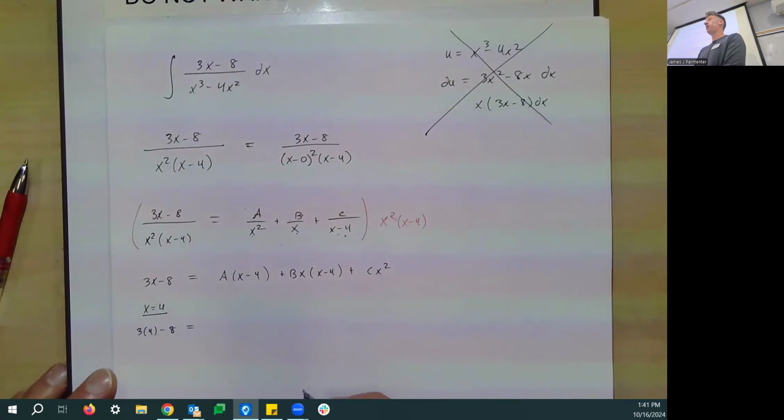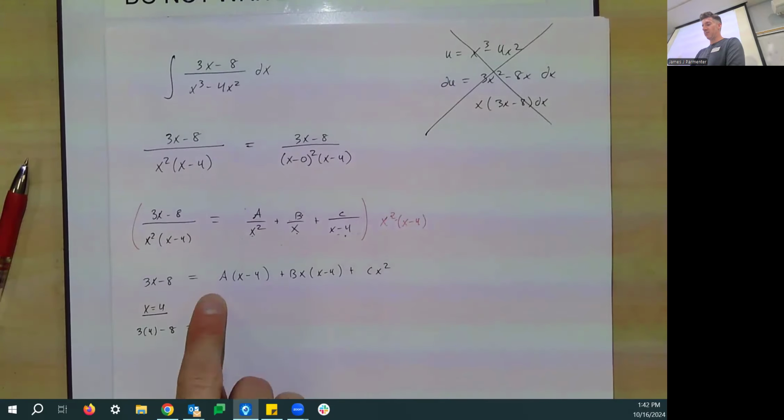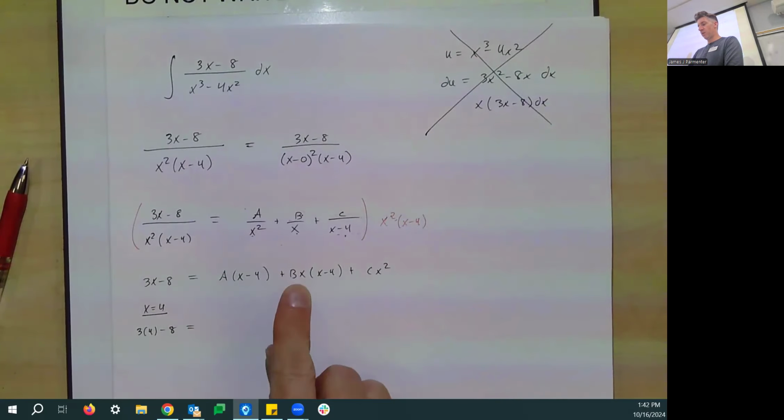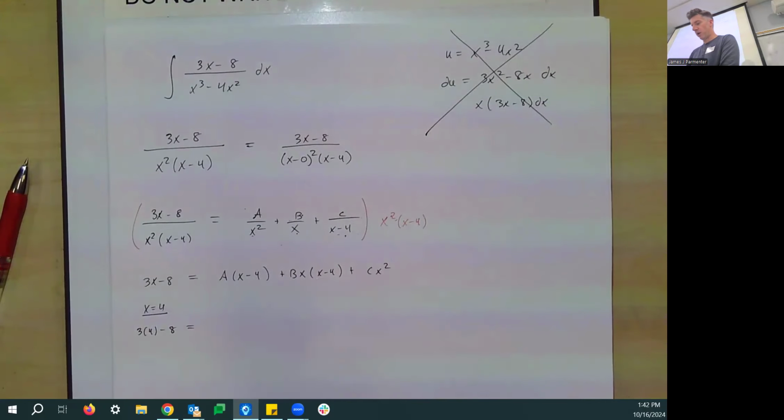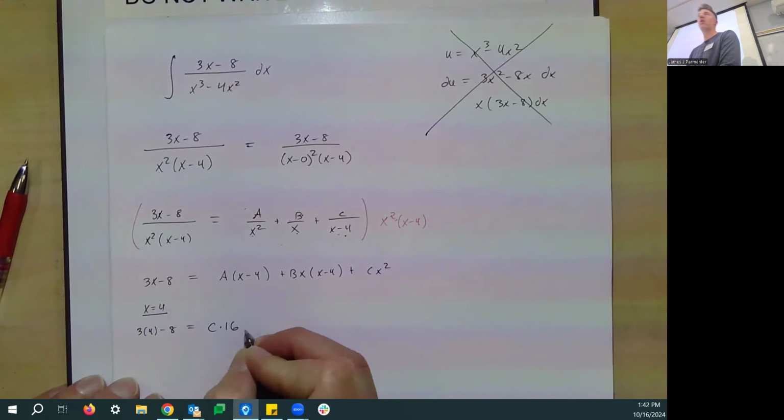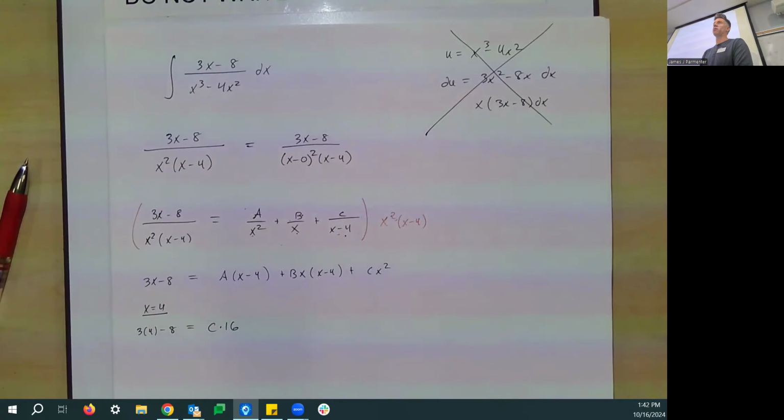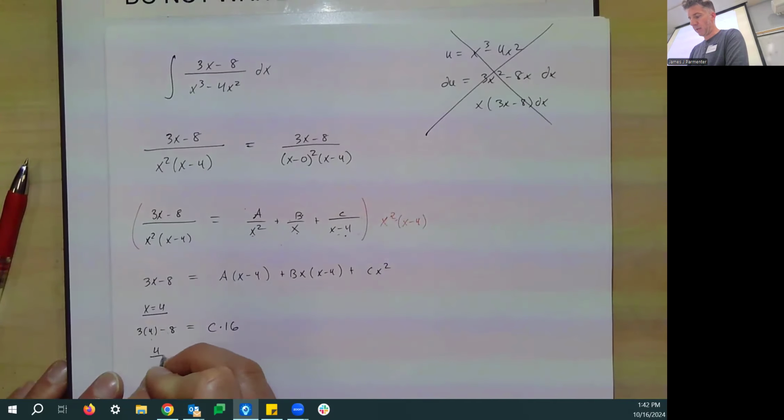On the right-hand side, I'm not going to write out all the things, just the pertinent things: A times 0 plus B times 4 times 0 plus C times 4 squared. That's all I should be writing, because anything times 0 is 0. So then I have 12 minus 8, which is 4. So 4 divided by 16 is equal to C. So 1/4 is equal to C.